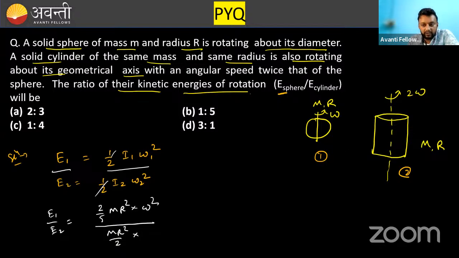Omega 2, the angular speed, is 2 omega. If I square it, it will become 4 omega square. Now you just need to divide it and you will get your answer.